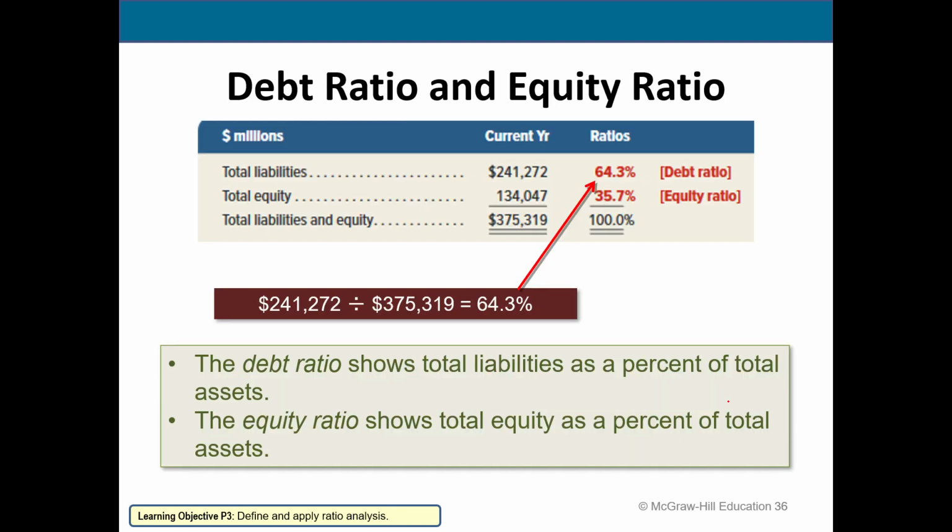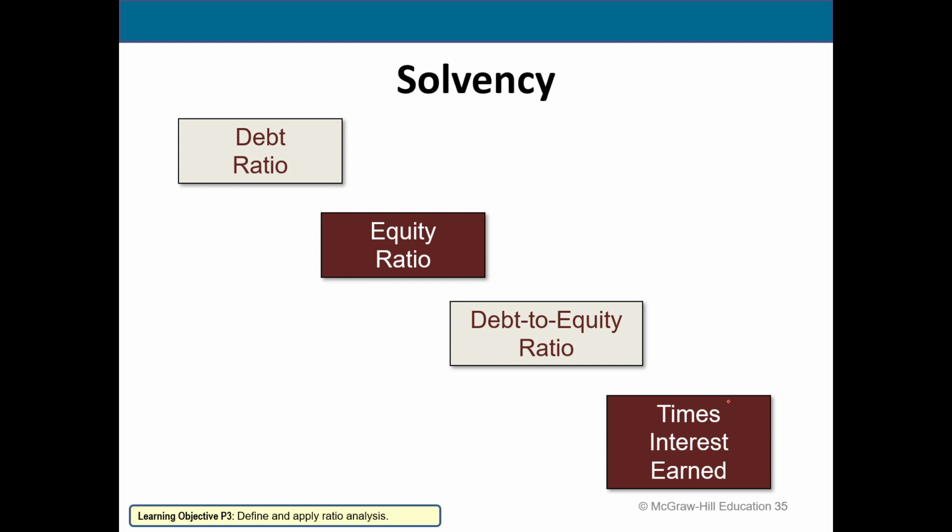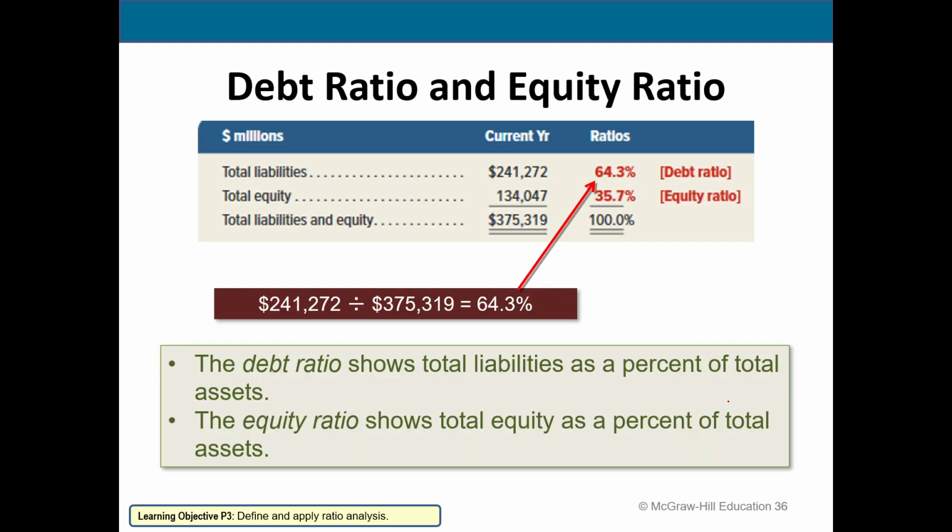I want to make a distinction between the debt ratio and the debt to equity ratio. The debt ratio is basically our total liabilities compared to total liabilities and equity. And then we have the equity ratio, which is total equity divided by total liabilities and equity.